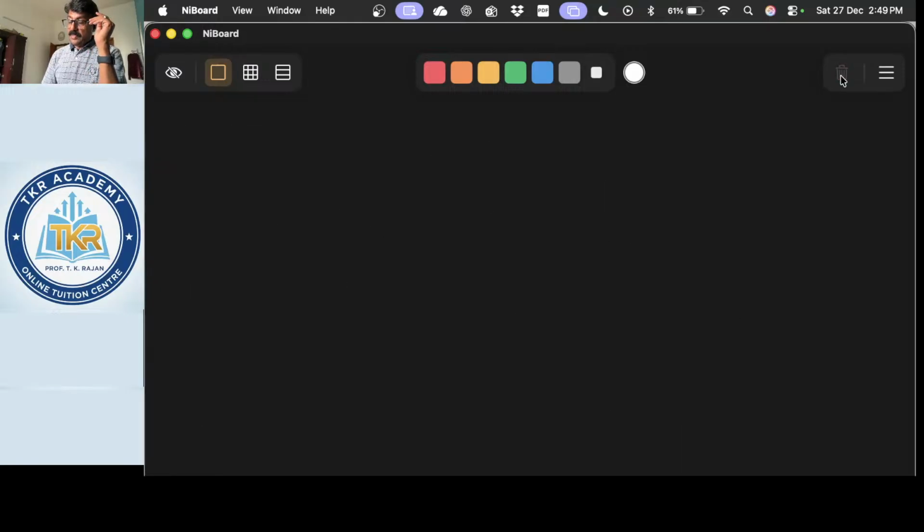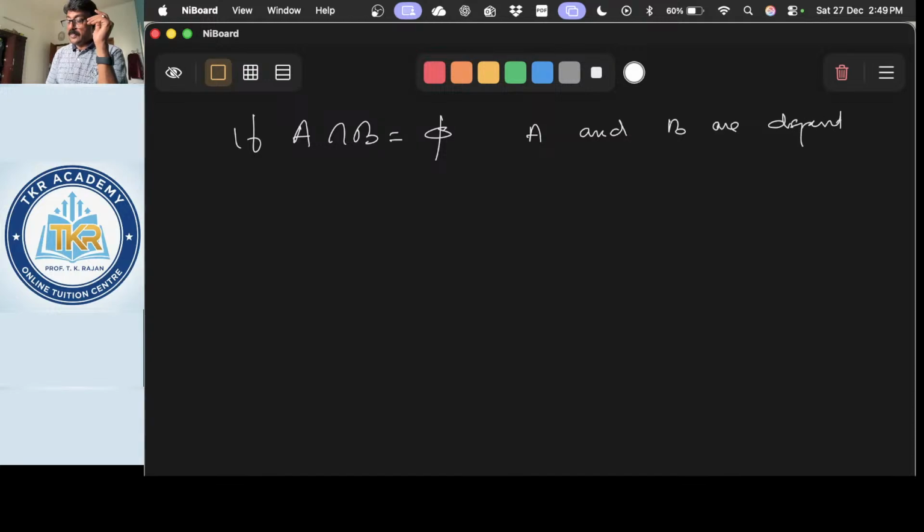If the intersection of any two sets happens to be an empty set, then we say A and B are disjoint sets.